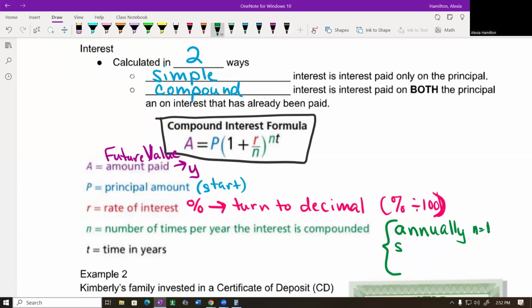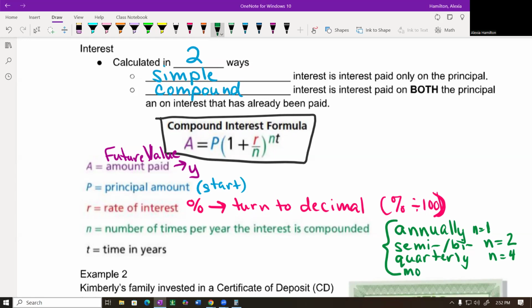If you get your interest semi-annually or maybe biannually, well, what did those prefixes mean? Semi or biannual happen twice a year. So semi-annual compounding happens twice a year. Quarterly means 4. There are 4 quarters.